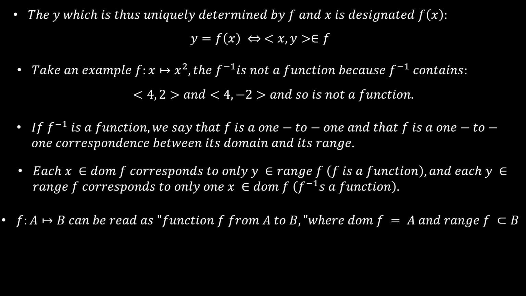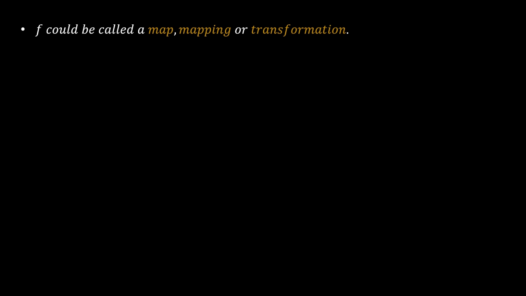Now, if we have a function f that transforms a set A to a set B, that can be read as a function f from A to B, where the domain of f is equal to A and the range of f is a subset of B. The function f could also be called a map, a mapping, or a transformation.